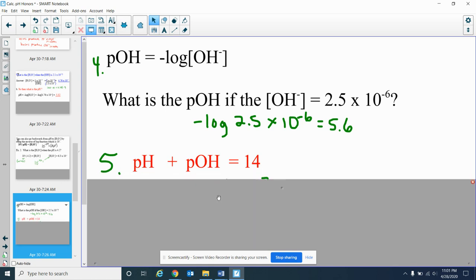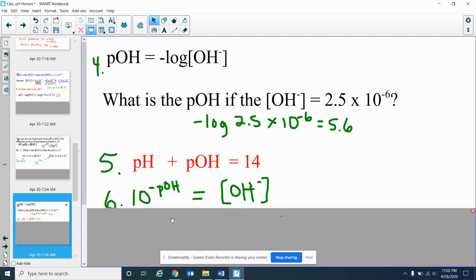Well, the thing about the pOH is that pH plus pOH equals 14. So when we know the pOH, we could then subtract that from 14 to get the pH, and then that will tell us whether it's an acid or base because we have our pH scale. So we mostly use pOH to get to pH.